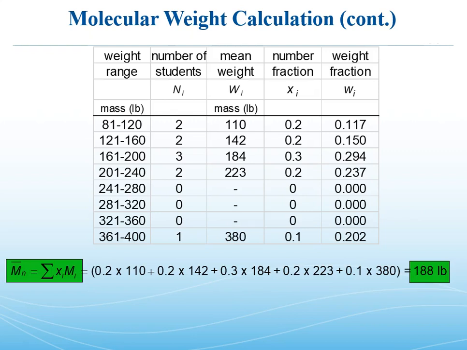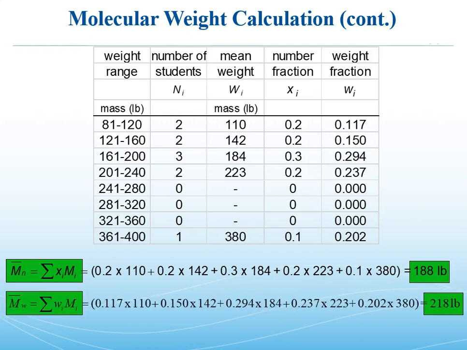And so for the most part, your x sub i, the number fraction of students within each range, is pretty much the same. So you have 0.2, 0.2, 0.3, 0.2, and then 0.1 at the end. And multiplying that by the mean weight for that range, we get 188 pounds. Not too bad. Good fit class, I guess.